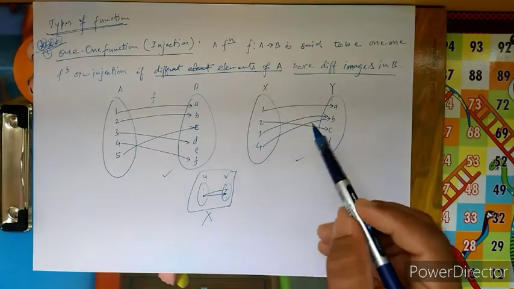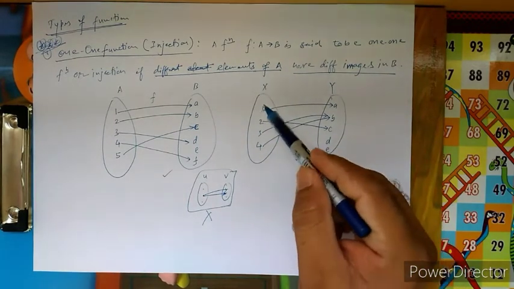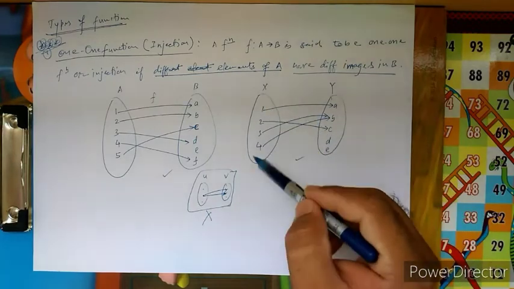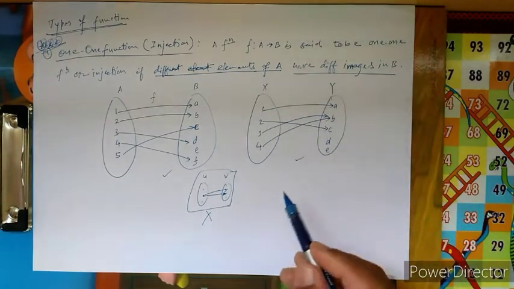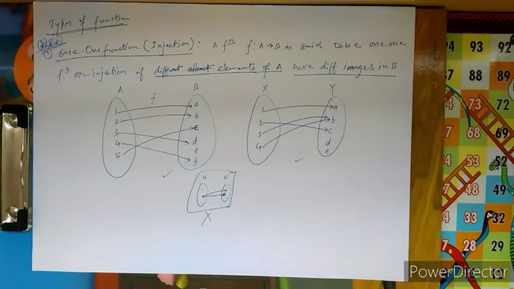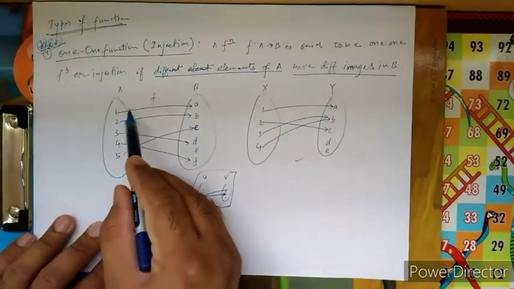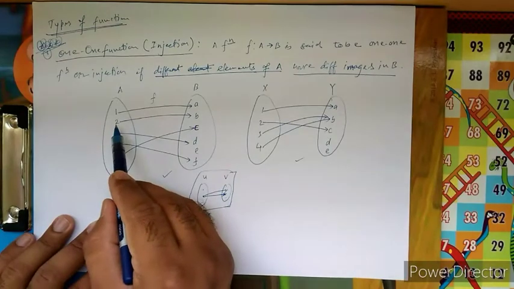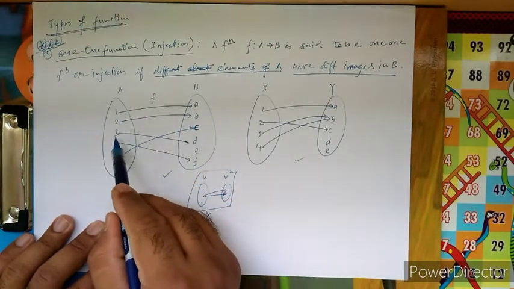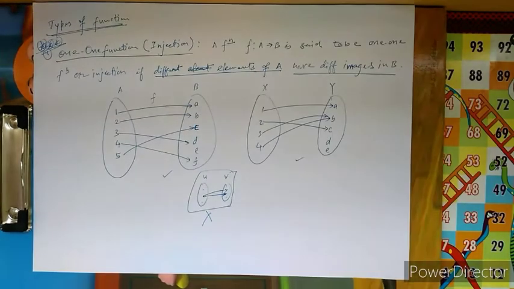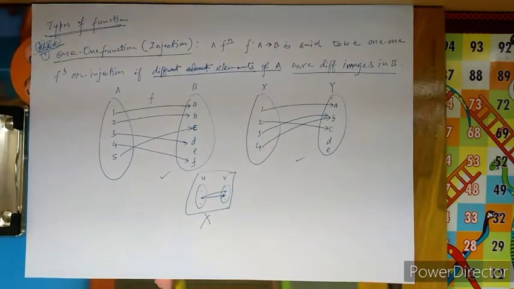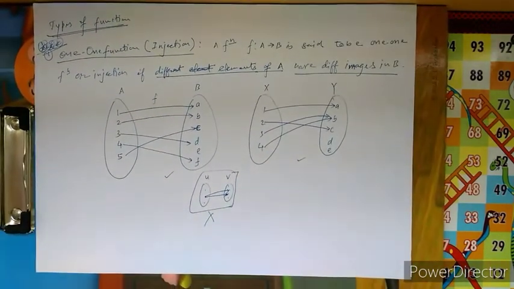Whatever you are getting is only one image of this element. That's why it is one element, one image, one element, one image. So it is known as a function, and also known as injection.